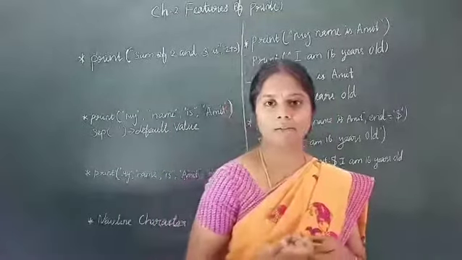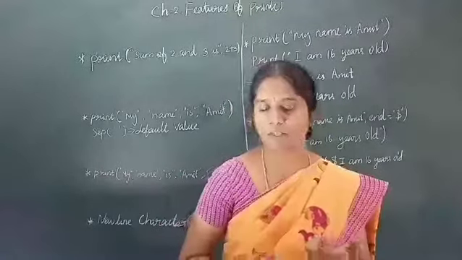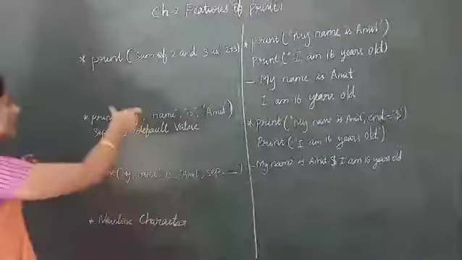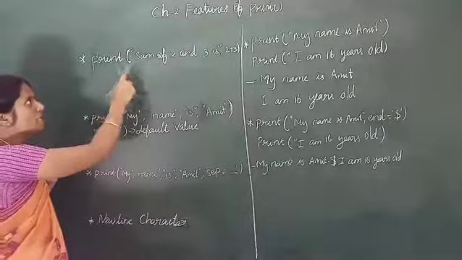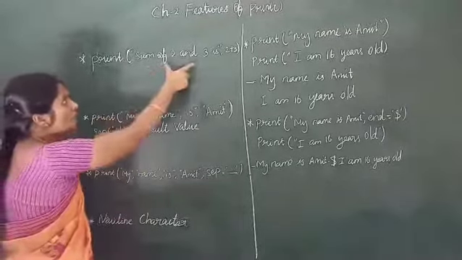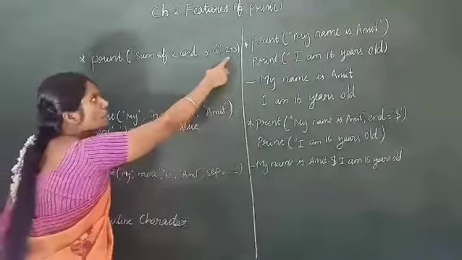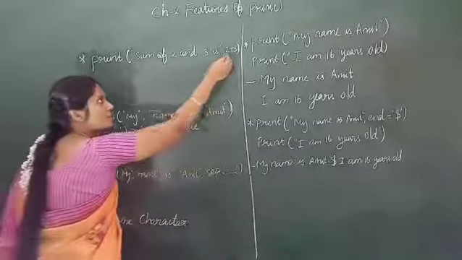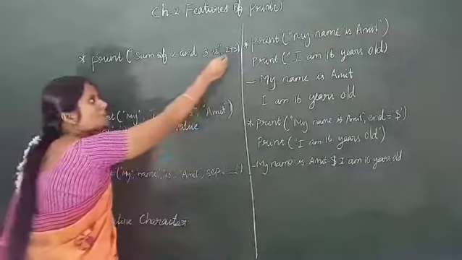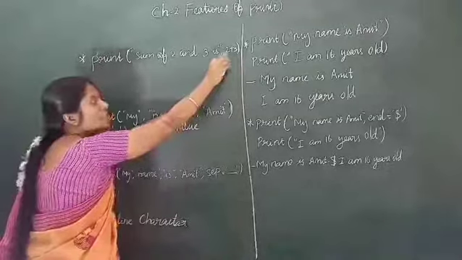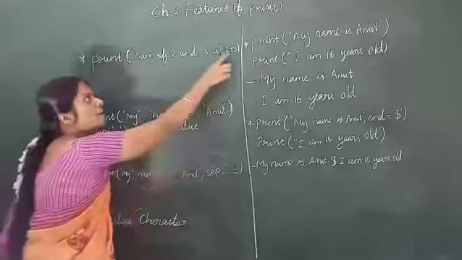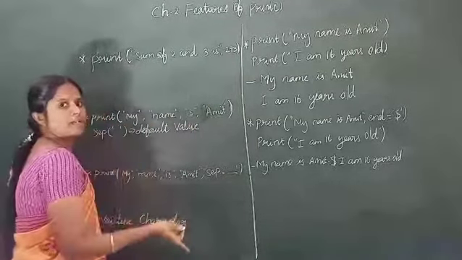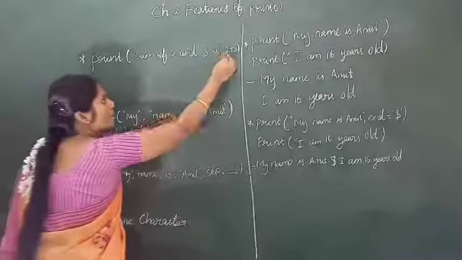on the screen. If it is a numeric expression, for example, what is the function we have given? Print function, in quotes, sum of 2 and 3, comma, 2 plus 3. Here 2 plus 3 is a numeric expression. So first it will evaluate the value.